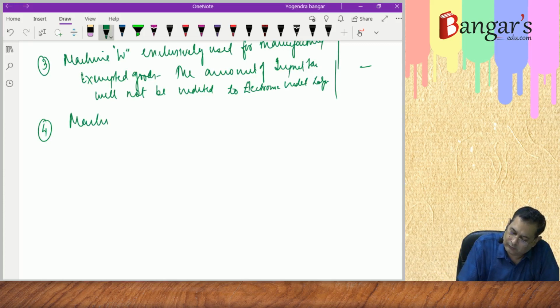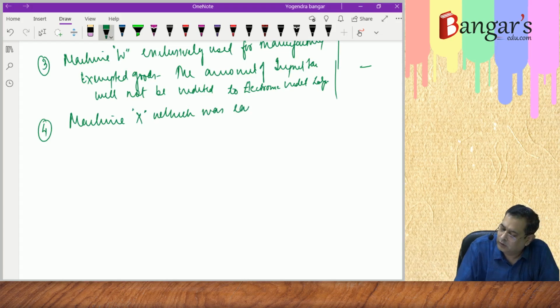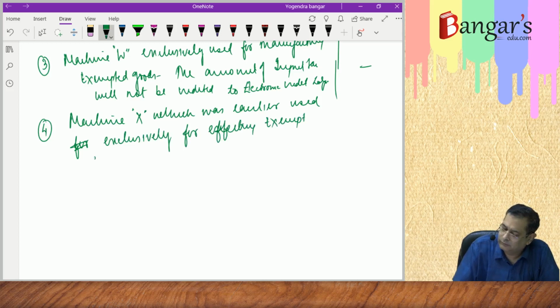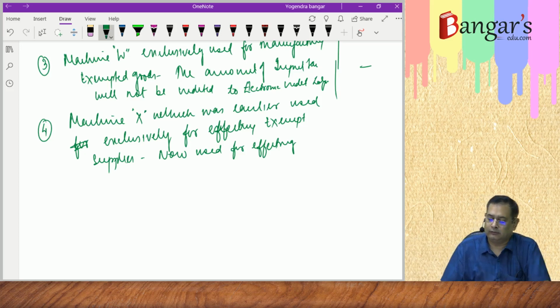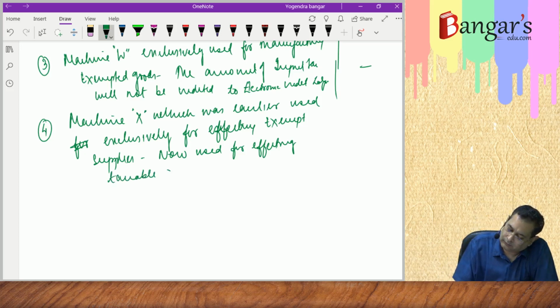Machine X, which was earlier used exclusively for effecting exempt supplies, is now used for effecting taxable as well as exempt supplies.